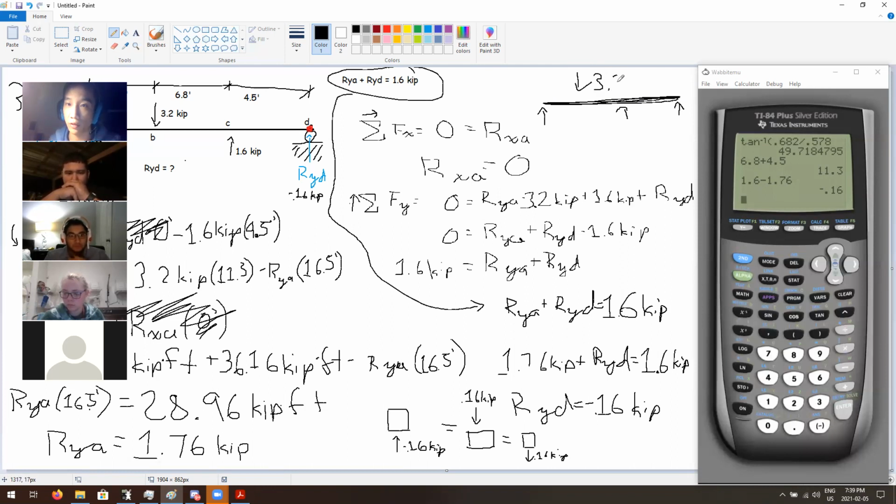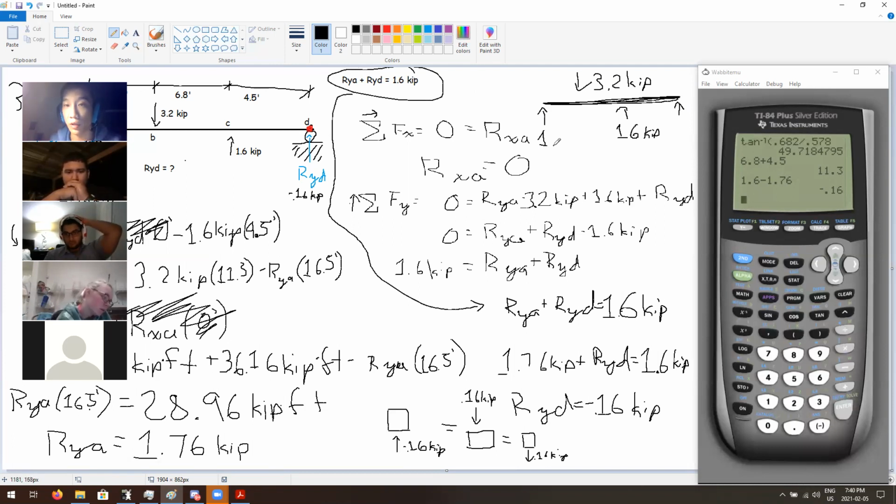This is 3.2 kip. This is 1.6 kip. And now these two should add up to 1.6 kip. This is the exact same formula we have. So it's pushing up with 1.6 kip and it's pushing down with 3.2 kip. We need an additional 1.6 kip pushing it up, spread across these two vectors.